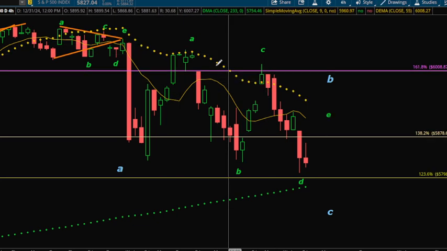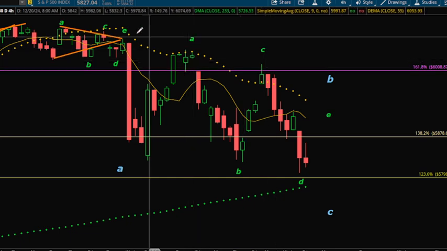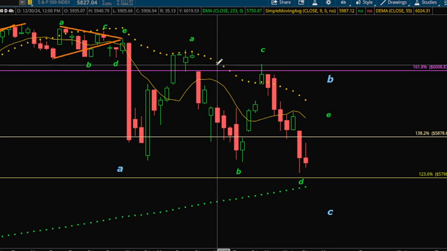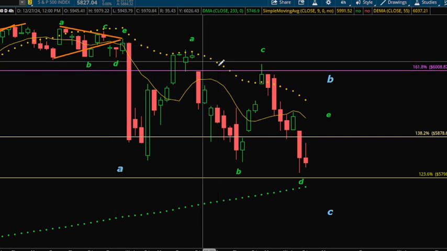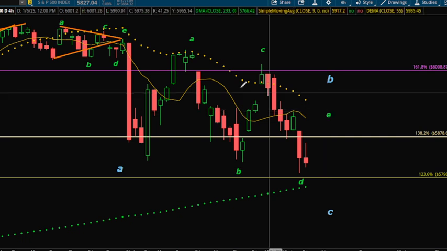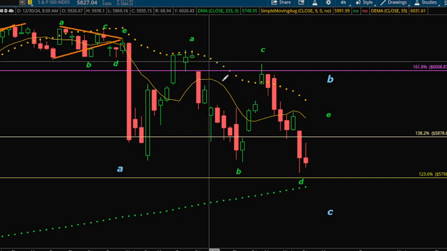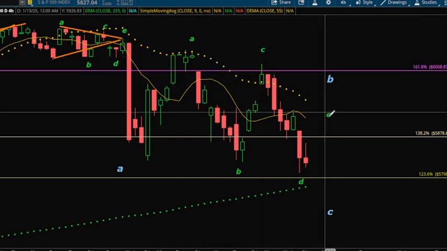So you can kind of see this imaginary line, actually the 55-day moving average. If you straighten that line out, it kind of shows where the E might end up. So that's one good thing about moving averages, but it's so wavy maybe it's not that accurate, but it gives you a good indication of where the general location might be.